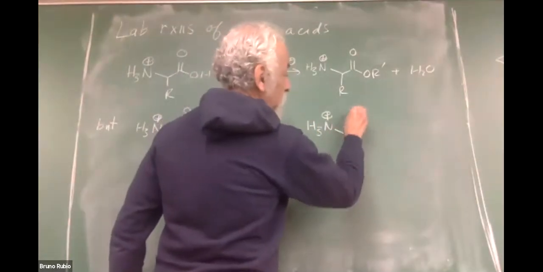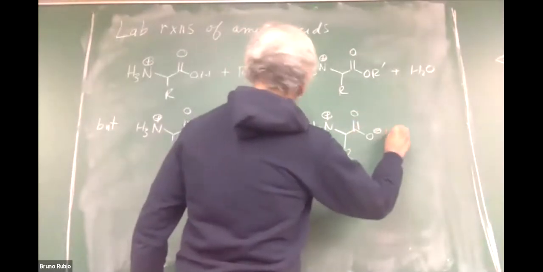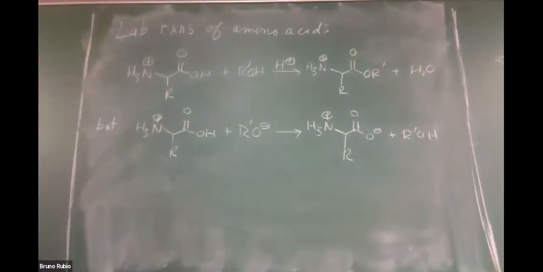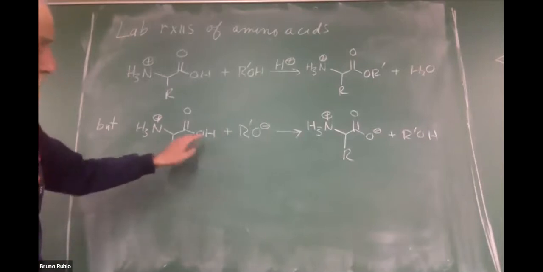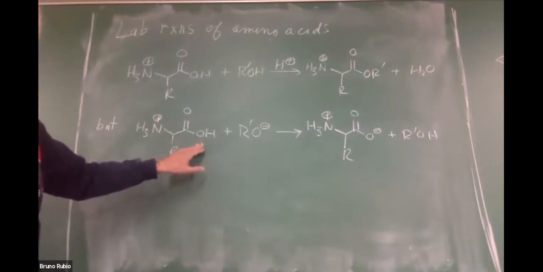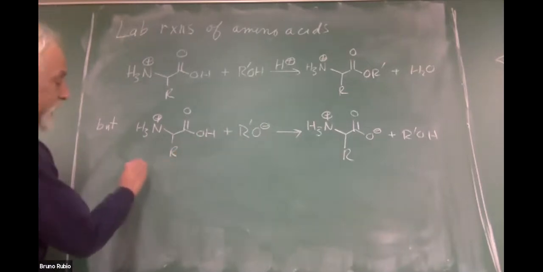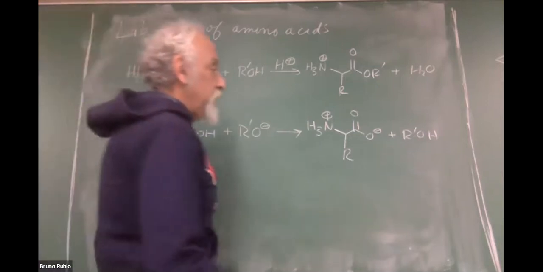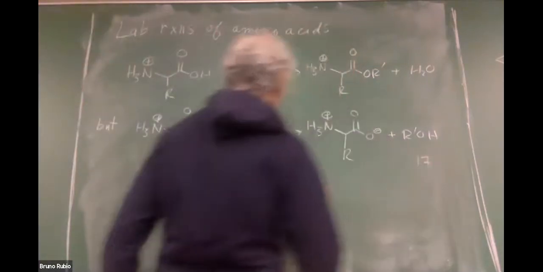So I think we've talked about this before: just because it has the ingredients of an acyl substitution does not mean that an acyl substitution is going to happen. And this is a problem that we see a lot of the time with carboxylic acids. The pKa of a carboxylic acid is 5. The pKa of an alcohol is 17.